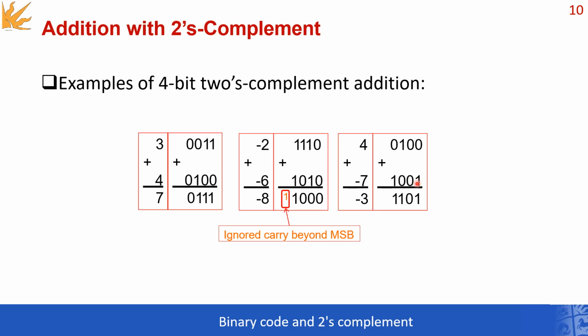This is another example, when we try to add a positive and a negative number. The expected result should be -3 here. If you go through this example, it's quite simple. You will see that the result is again -3. Just remember from these examples that you always need to ignore the carry beyond the most significant bit.